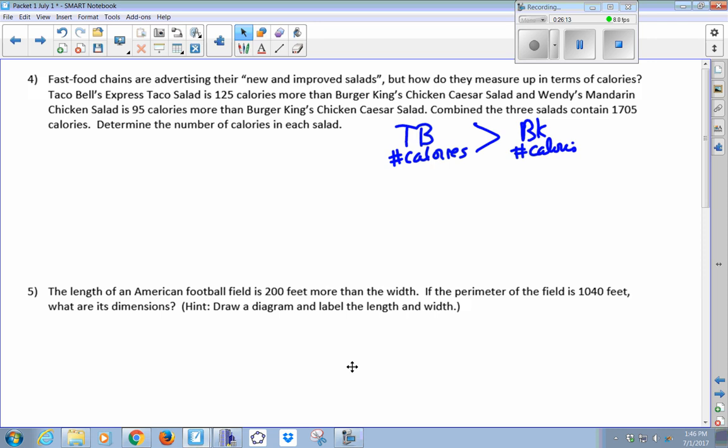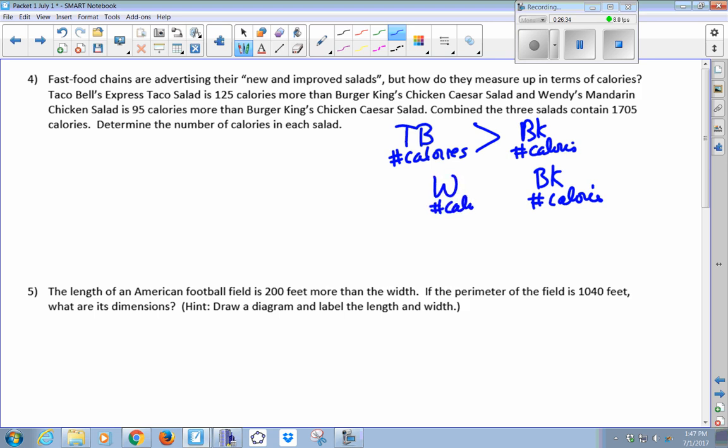So right now we know that the Burger King is the smaller amount of calories. Okay, we've got another one going on here. Wendy's Mandarin chicken salad is 95 calories more than Burger King. So it looks like Burger King's going to be the winner in terms of the smallest number of calories, because the number of calories in Wendy's salad is also more than the Burger King.